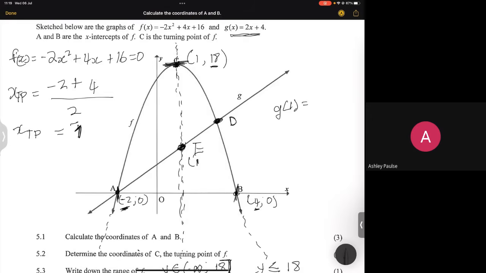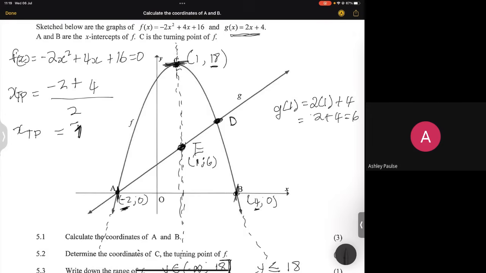That would be 2 times 1 plus 4, which is 2 plus 4, that would give us 6. So this means now E is the point 1 and 6. Now remember, the x value does not change, right? Because it's 1 and 1 there.